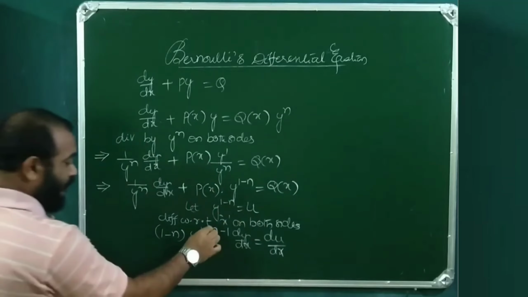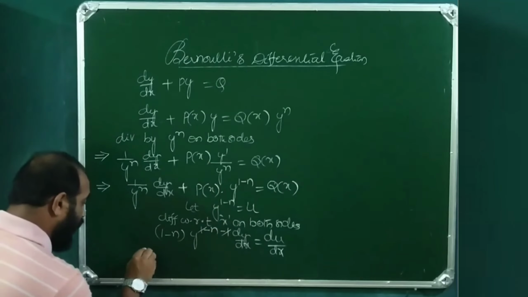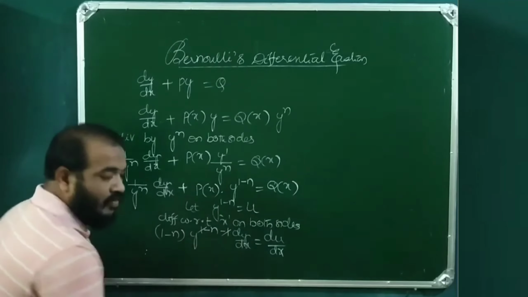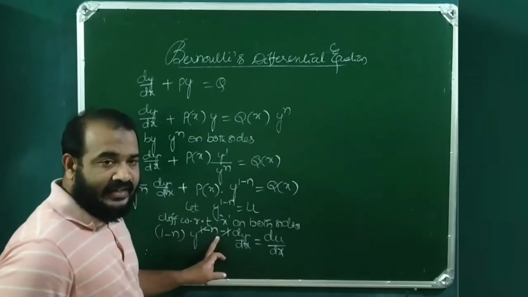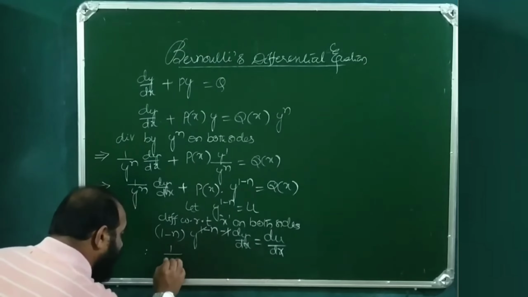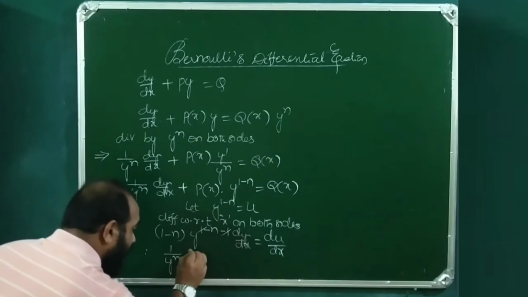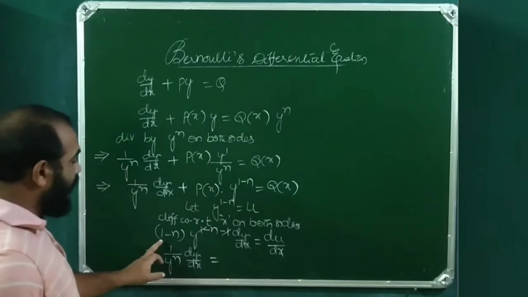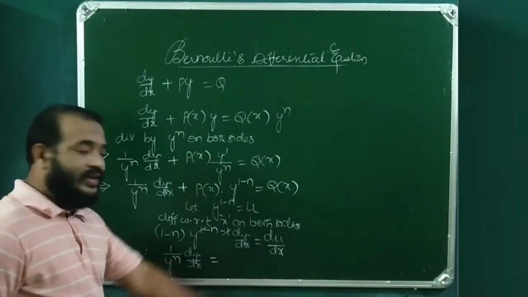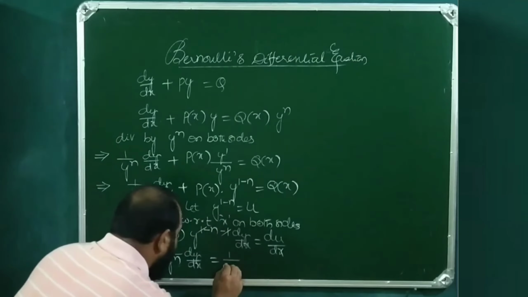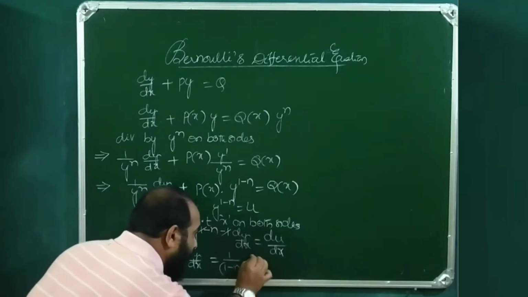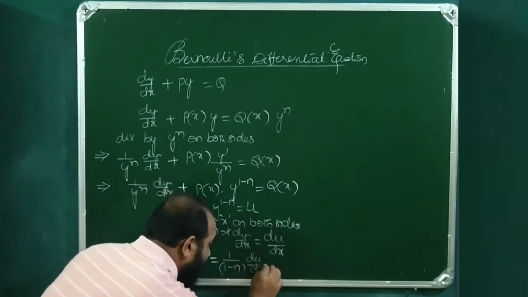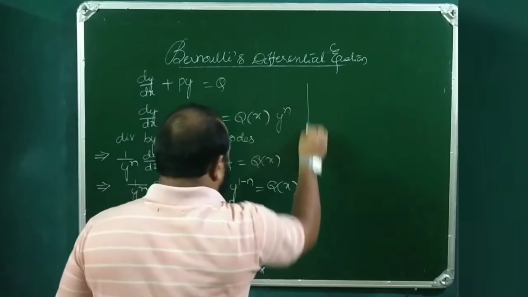Therefore, y power minus n, that is 1 by y power n, dy by dx is equals to, if you transpose 1 minus n to the other side, 1 by 1 minus n into du by dx.